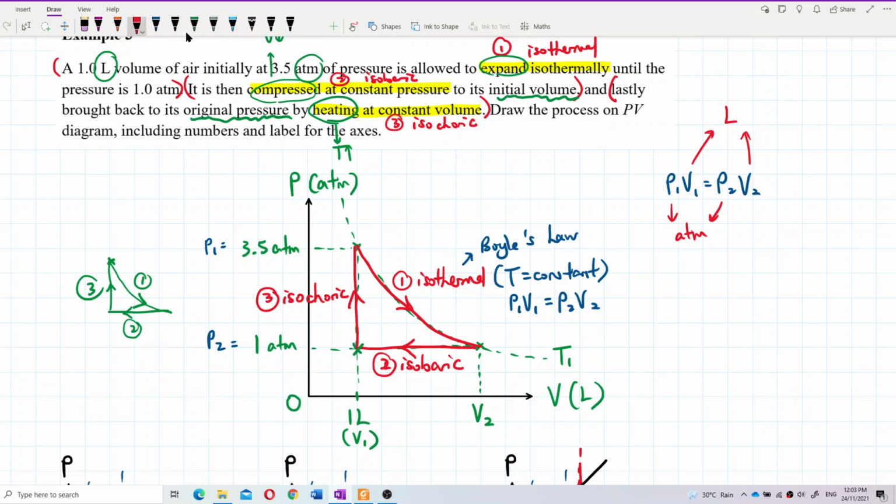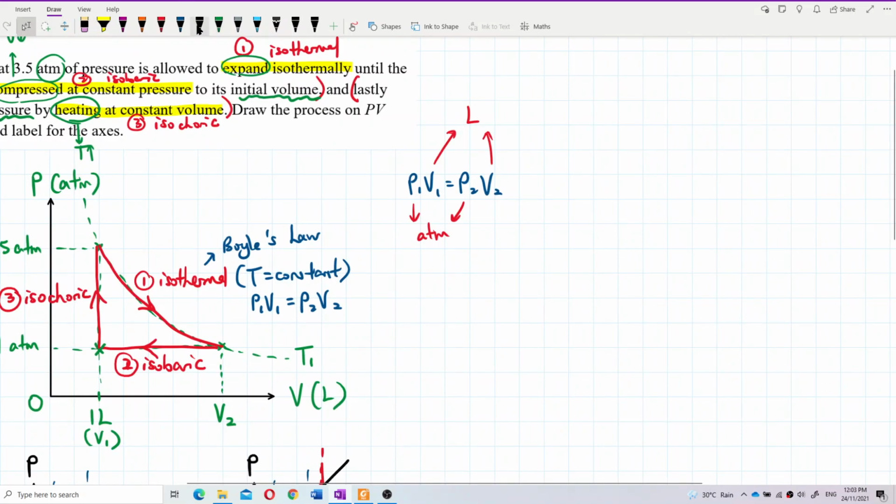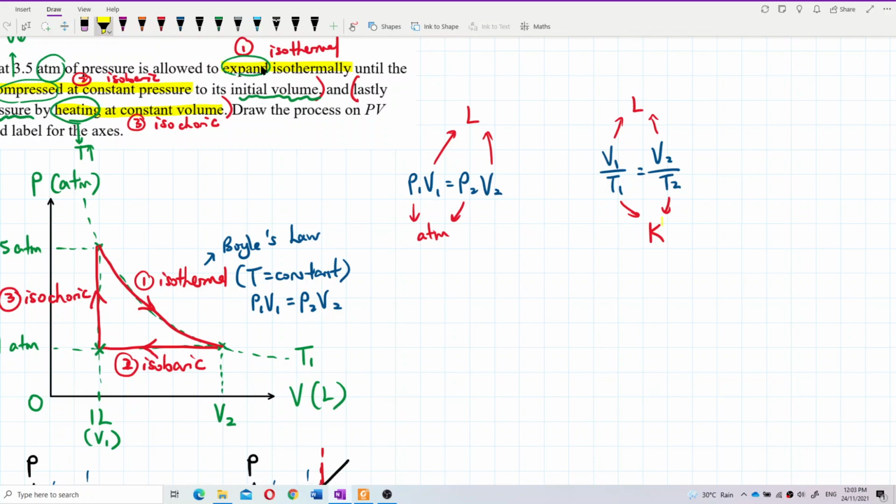But the temperature, if you use another formula like Charles law, V1 over T1 equal to V2 over T2, the volume also you can put as liter, no need for SI unit, but the temperature must be Kelvin only. Degree Celsius cannot.